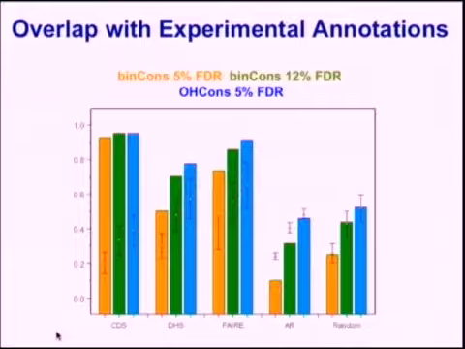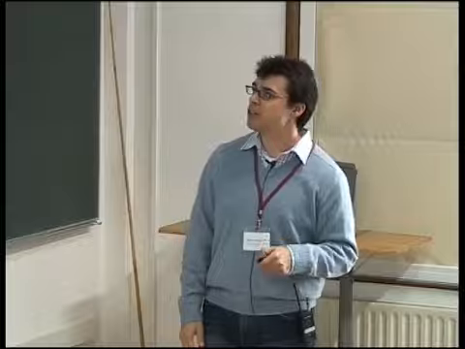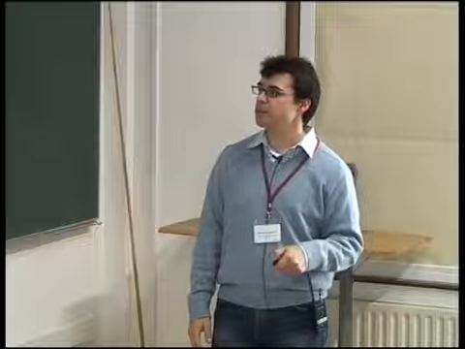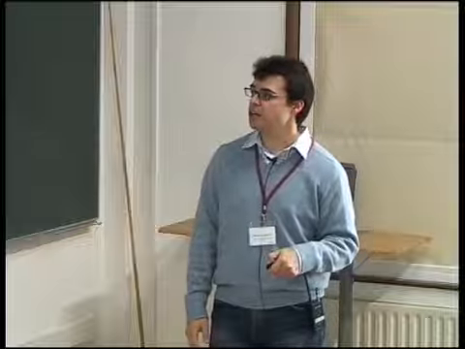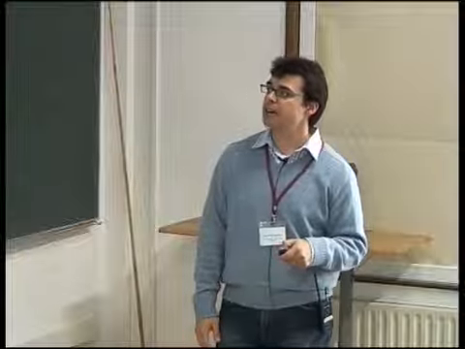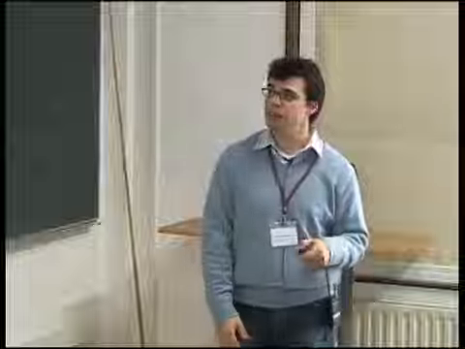And so for coding regions, we're not doing that much better, and this is something that we might expect because we've already done quite well, and we also know that the primary sequence is quite important for these coding regions. But for things like DNase I hypersensitive sites, these things called fair sites, which I'm sure Greg is going to go into detail about, we can actually detect more sequence as being evolutionarily constrained.